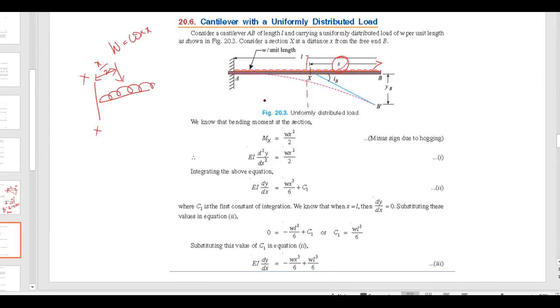Therefore the bending moment equation is point load W into x by 2, where capital W is nothing but small w into x. Therefore w x square by 2, and it is a negative because the point load turns in clockwise, so it is a negative. It is a hogging, means a negative.